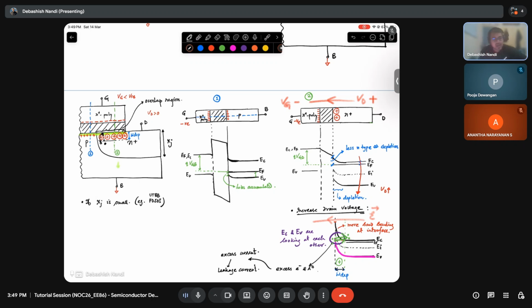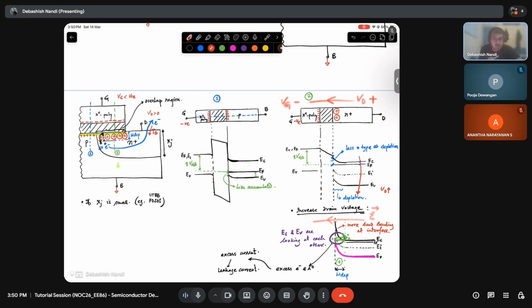This particular leakage current we call gate induced drain leakage. So now where will these electrons go? Let's say this is the hole. The electron is seeing positive potential here, so this electron will leave through the drain. So that will add up to additional ID.